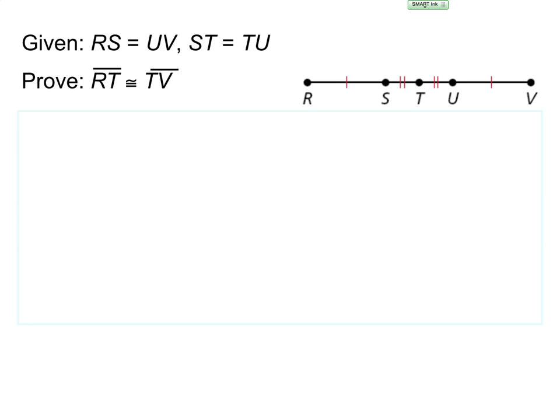We need to add UV and TU together to get the whole thing. If I wrote this statement, RS plus ST equals RT, do you recognize what we've studied that supports that? Segment addition postulate. We're going to have that in this proof in order to add those together to get the whole thing.